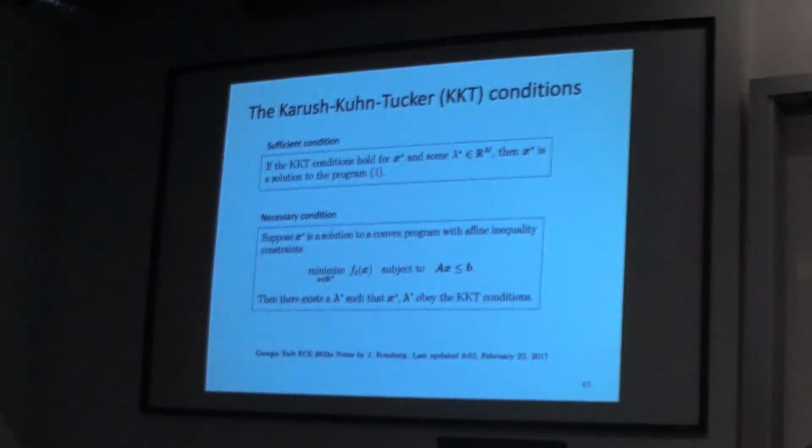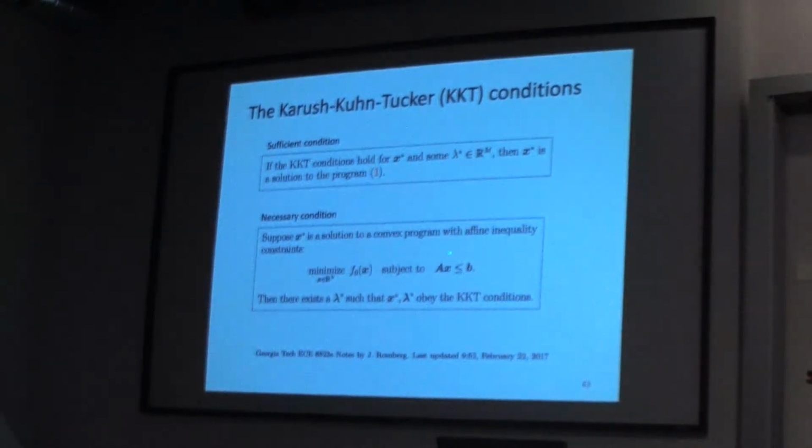But people may ask: when can KKT conditions also be necessary, meaning that as long as I have a solution, it must be consistent with the KKT conditions? The necessary condition holds when your constraints are simple, meaning that your constraints are linear functions.